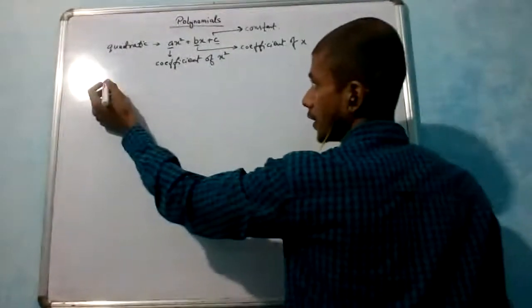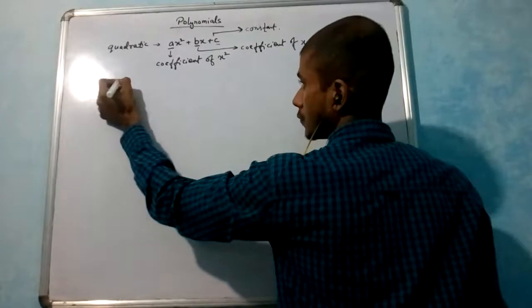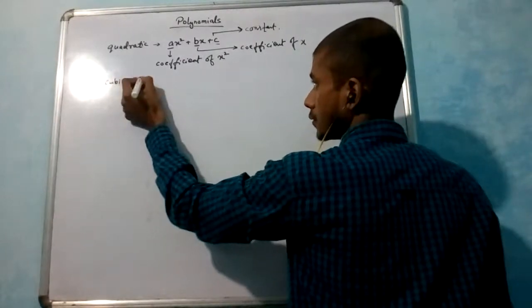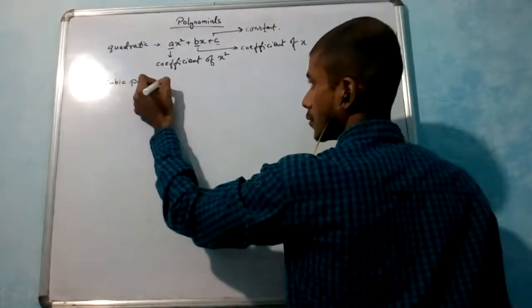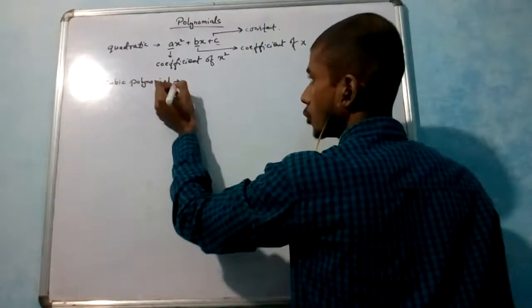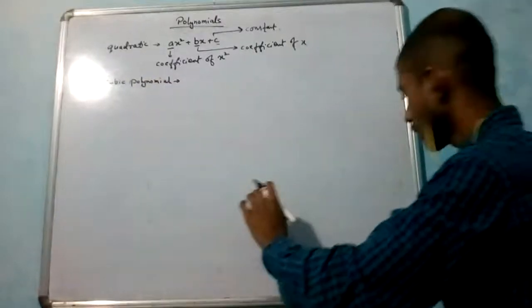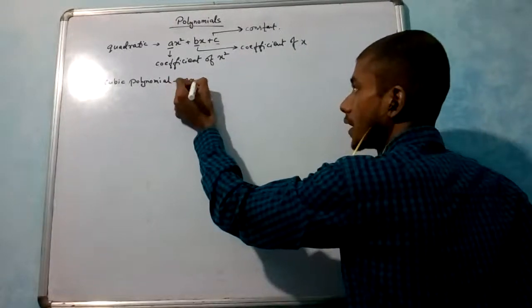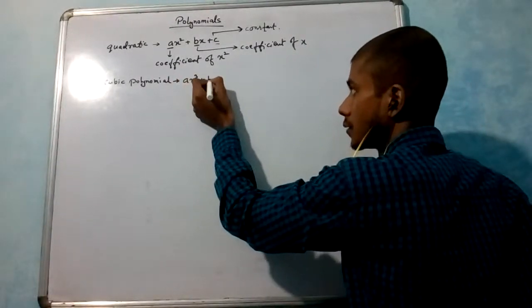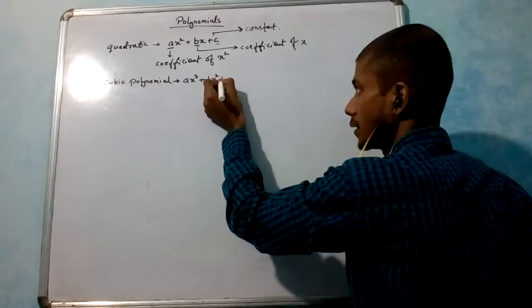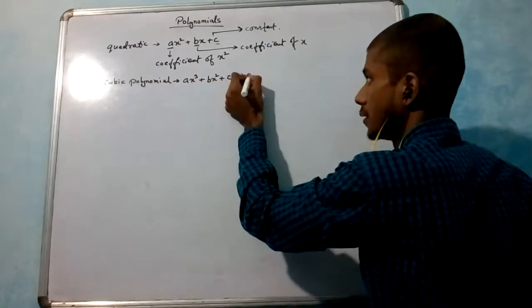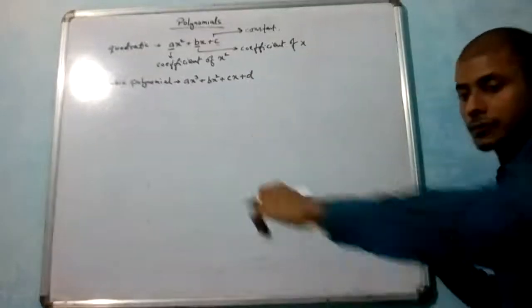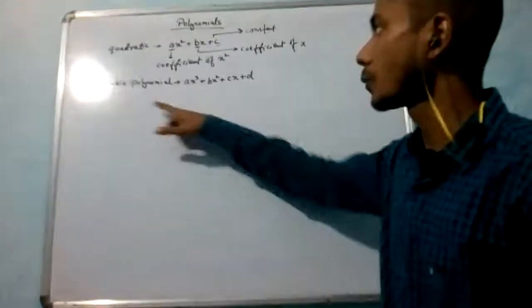If we have a cubic polynomial, then cubic polynomial means the degree will be 3. So the standard form is ax cube plus bx square plus cx plus d. This is the standard form of the cubic polynomial.